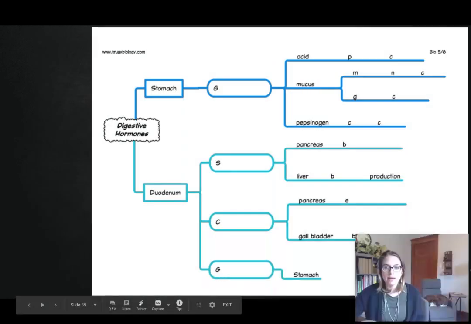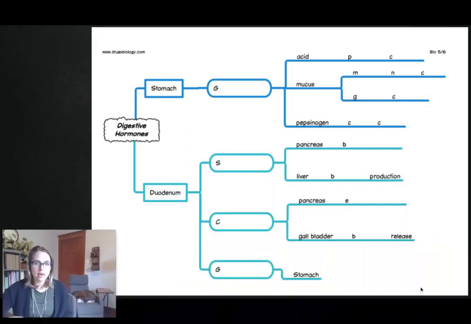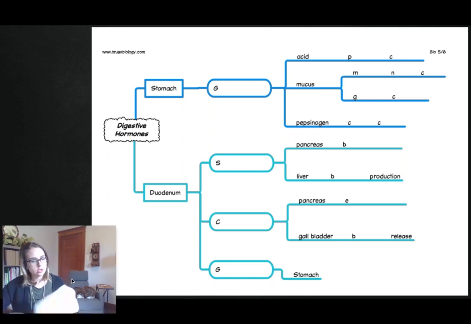Okay. All right. We won't fill this whole thing out on your notes here today, but this is, I think, on the back page, page 12. So there are digestive hormones that control the other glands to release their substances.